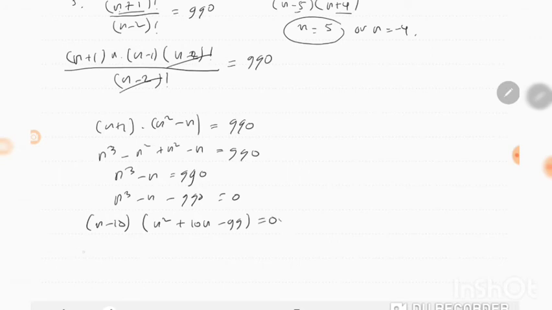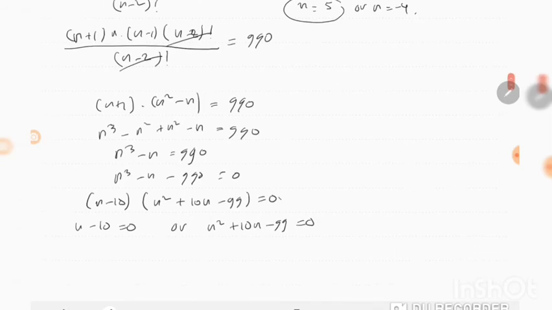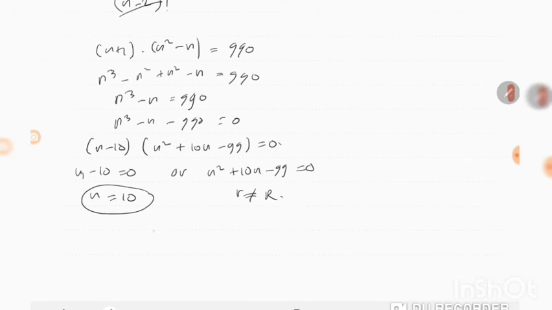And then n minus 10 equals 0, or n squared plus 10n plus 99 equals 0. The roots of the quadratic are not real. So we have n minus 10 equals 0, then n equals 10. So for number 5, our n equals 10.